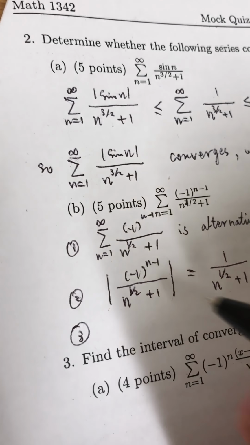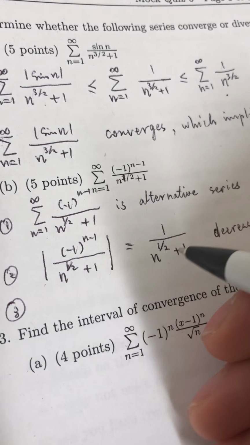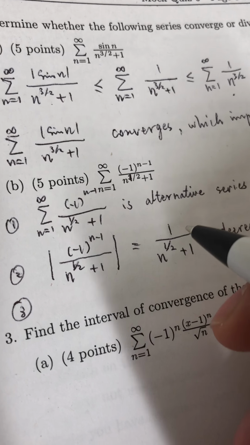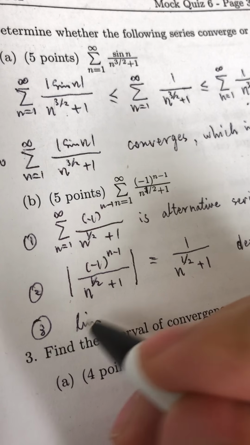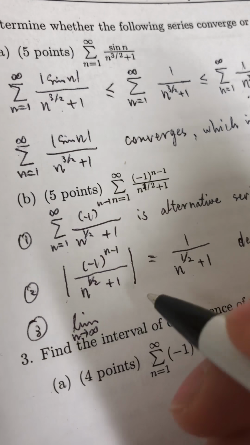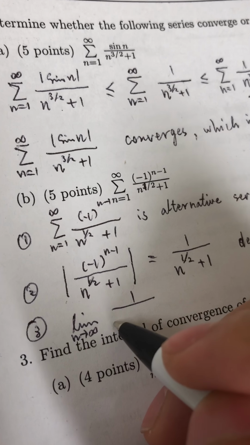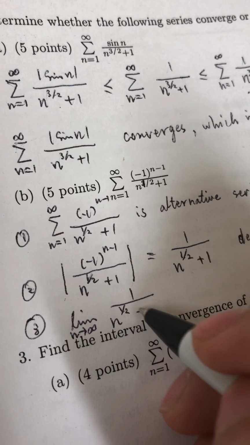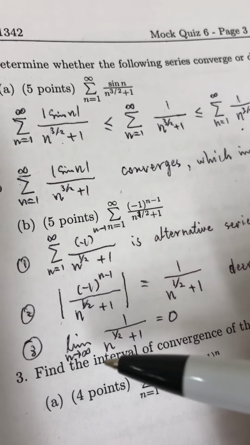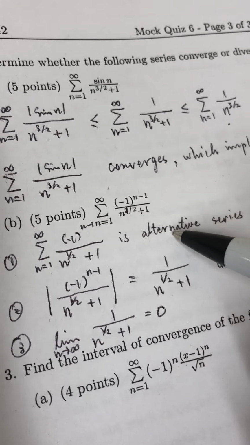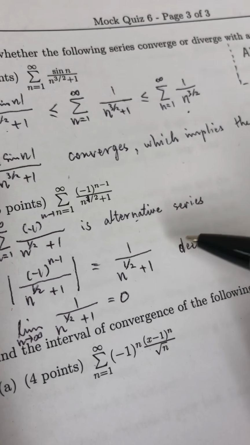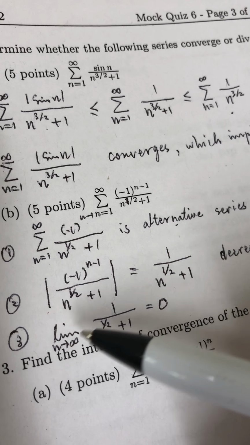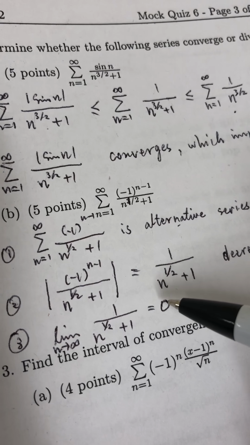Last, you need to show that the limit of the absolute value of the general term, which is here, is equal to 0. That's also obvious. So once you check the three conditions, first it is alternating, and secondly the absolute value of the general term decreases. Third, the limit of the absolute value of the general term is equal to 0.